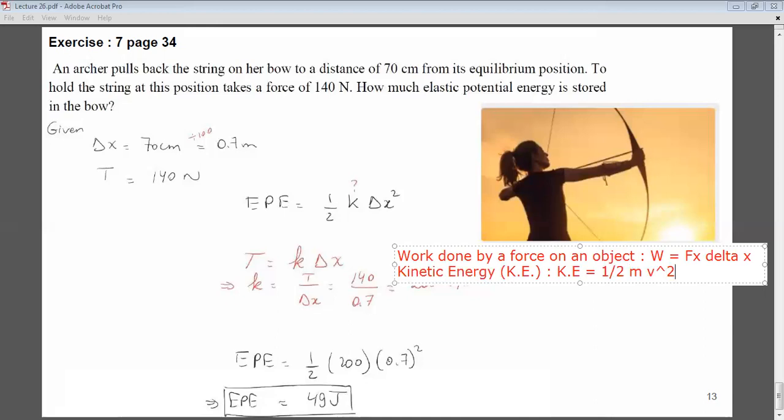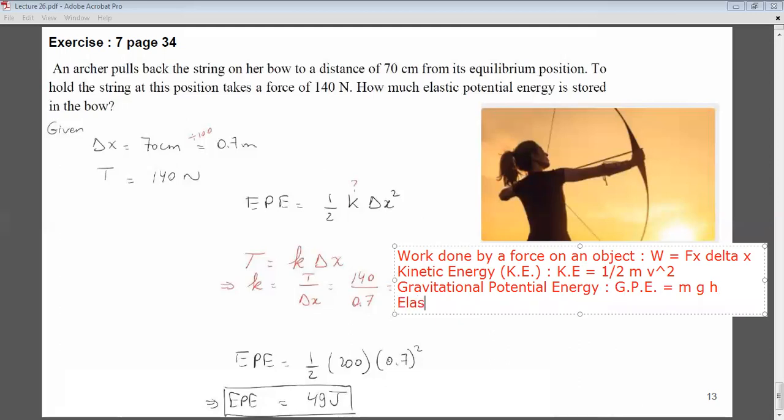So it's only there when there is a speed, when the object is moving. Then gravitational potential energy, GPE is mgh. So it's only there if there is height, if an object is at an altitude.